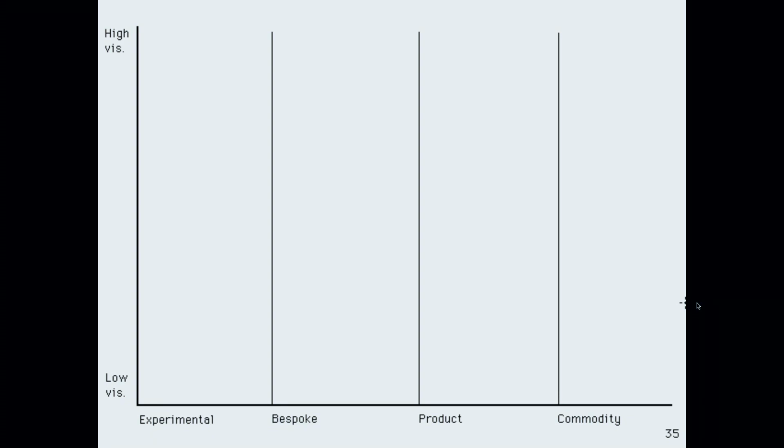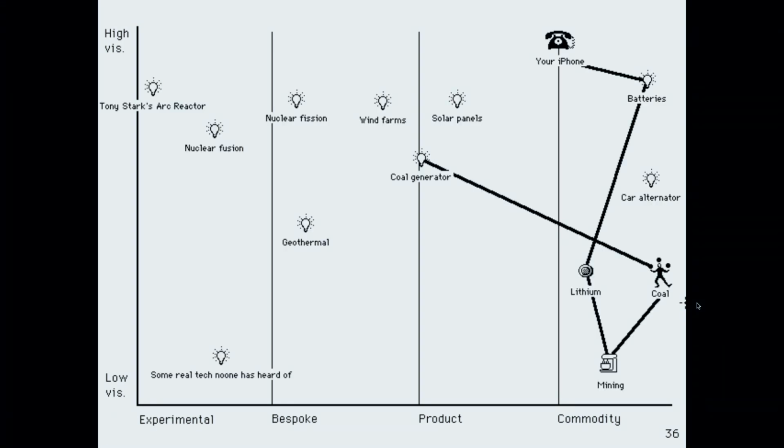Basically, imagine a graph where on the vertical axis we have things that are more visible at the top, more visible to the public and the users, and on the low end is things that are largely invisible. Then going from left to right, we have things that are experimental, just invented, literally groundbreaking science, and on the right we have things that have become commonplace and commodities, mass market produced.